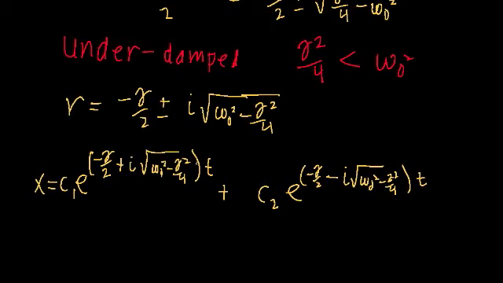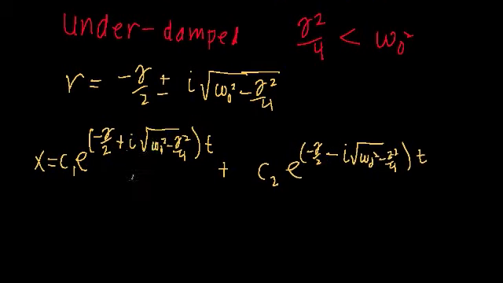So the first thing we can do is factor out a t term from all the exponents. And notice that each of these two terms has an e raised to the negative gamma over 2 term, so we can factor that out.